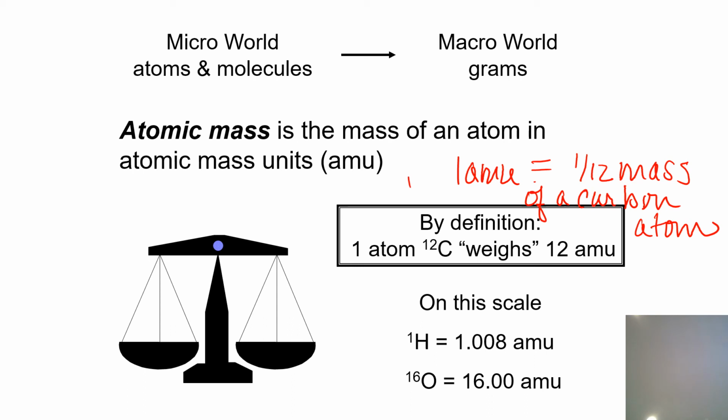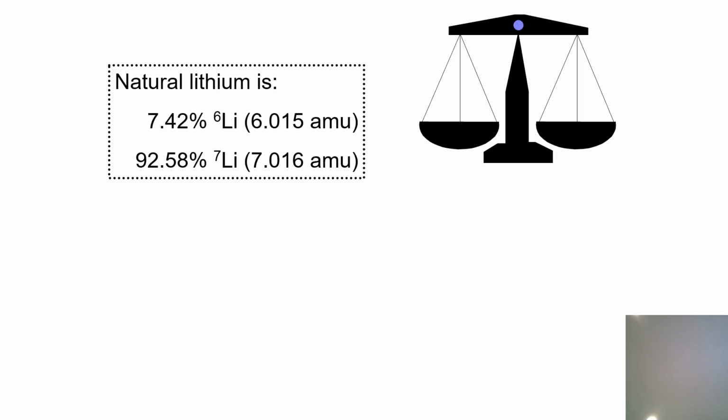Also shown on this slide are the masses of both hydrogen and oxygen using this scale in AMUs. We do know, however, that elements can exist as isotopes, and the abundance of those isotopes varies in nature depending upon what that element is.